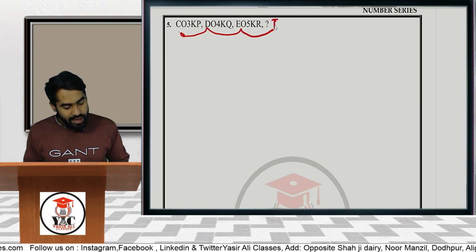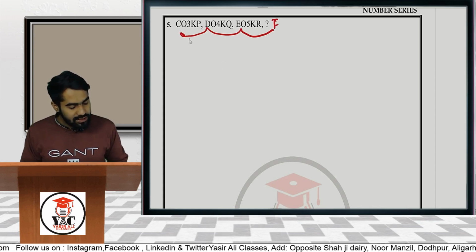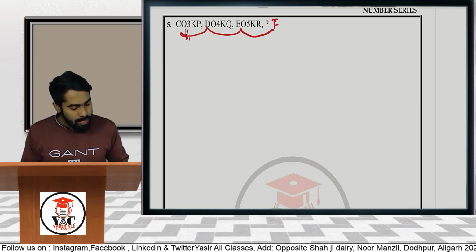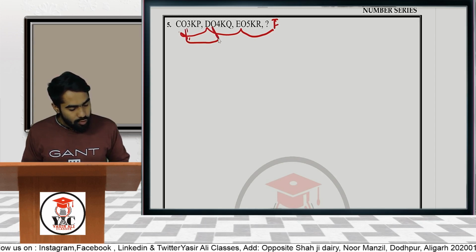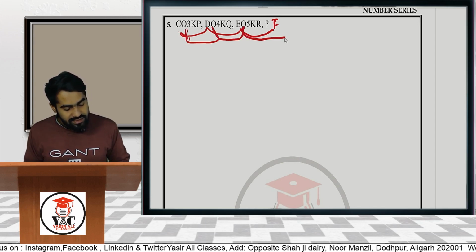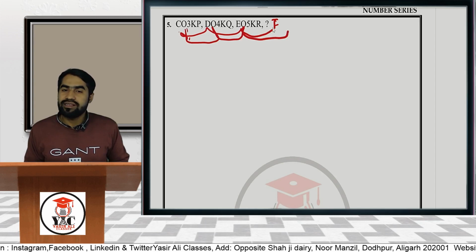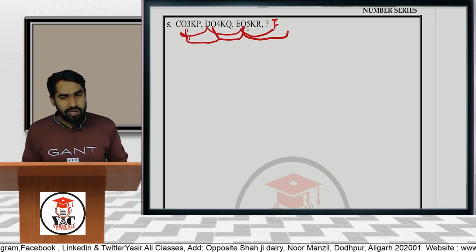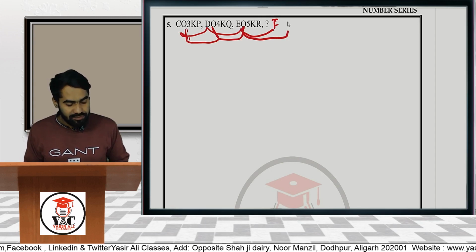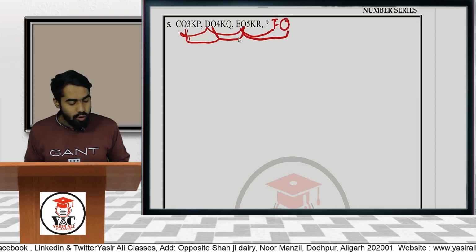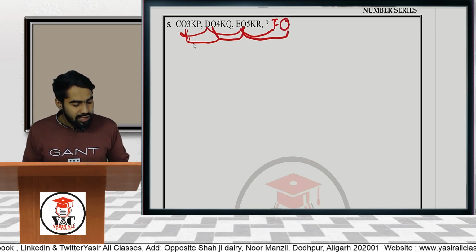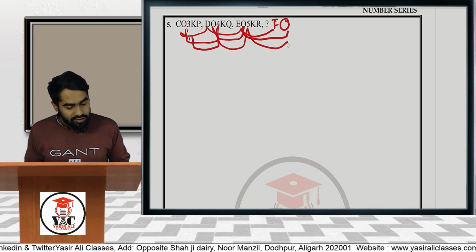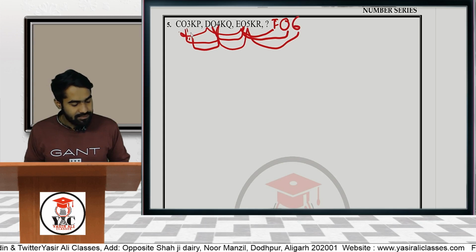Next should be F. Then we have O, again O, which means the letter at the second position remains the same. There is no change at the second, while there was an increase of 1 in the first. So we can put the same O. Next, 3 to 4, 4 to 5, so next is 6.